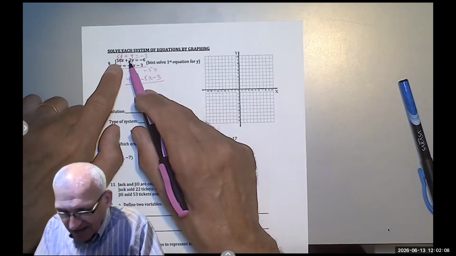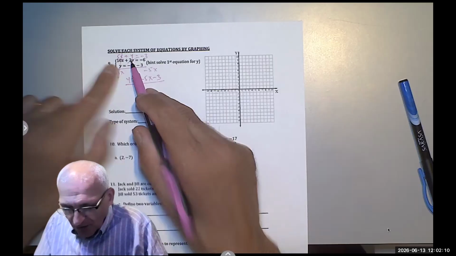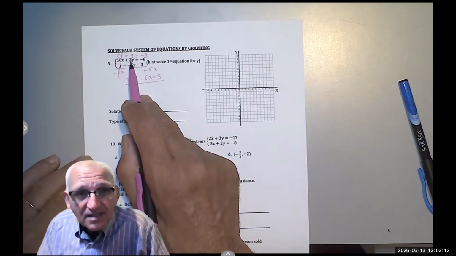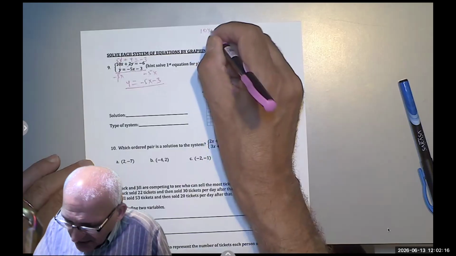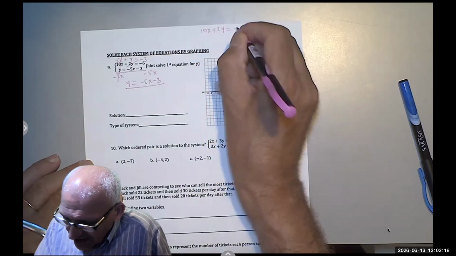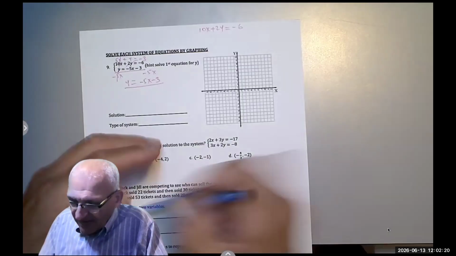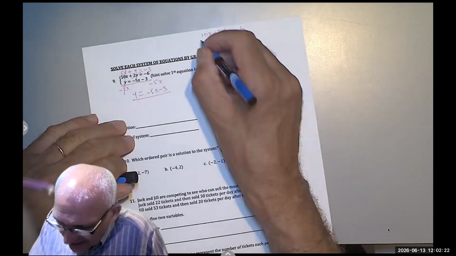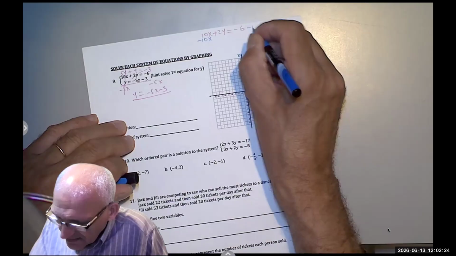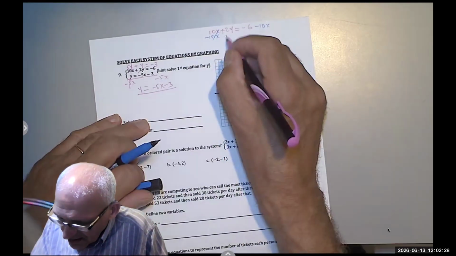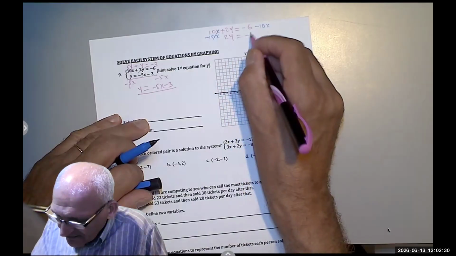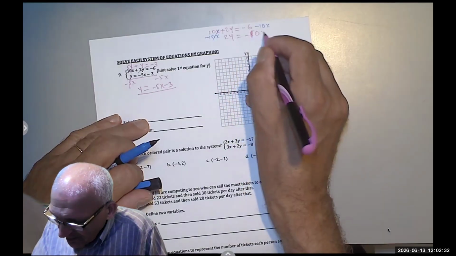If you don't agree, I wanted to write it in terms of y equals mx plus b. So I had 10x plus 2y equals -6. I can subtract 10x from both sides, so I get 2y equals -10x minus 6.